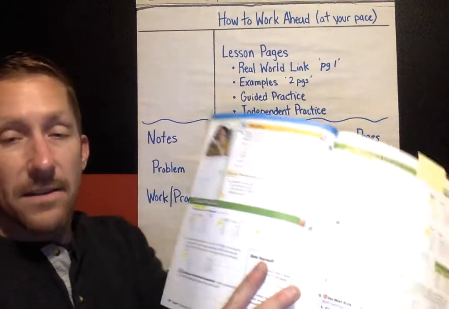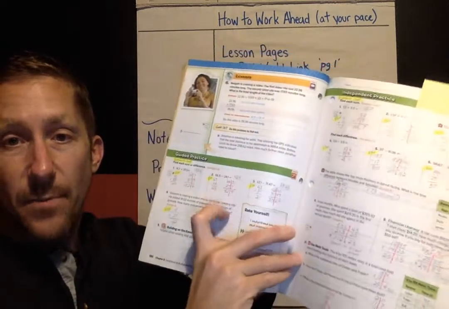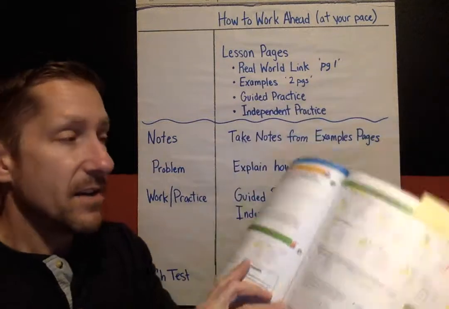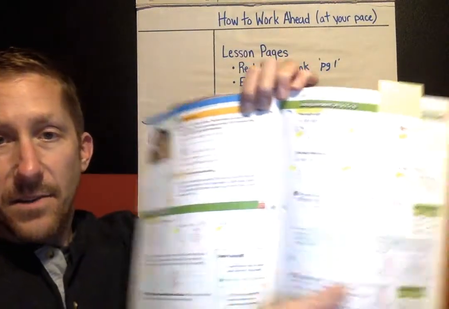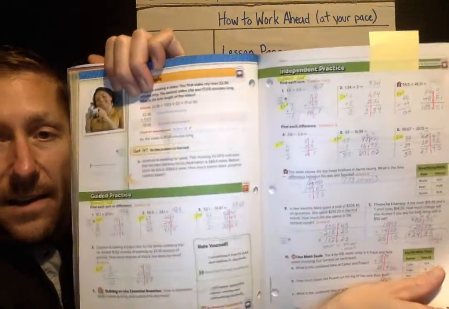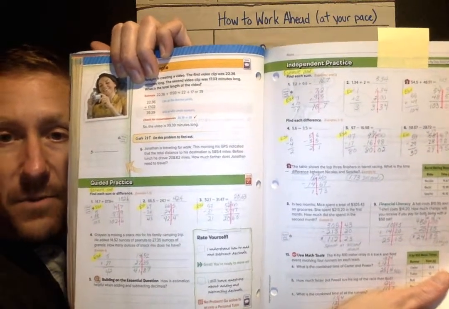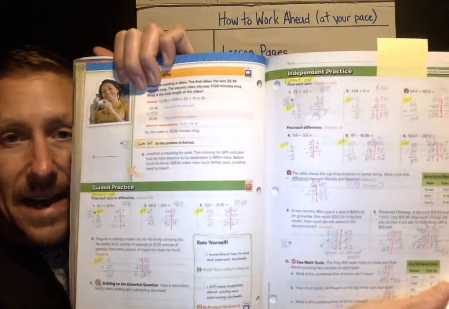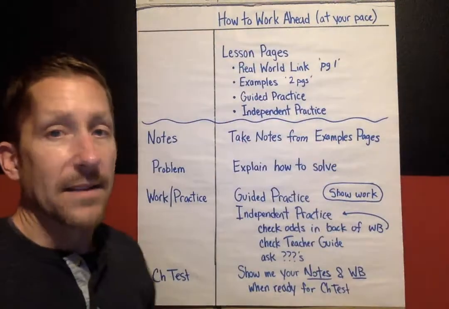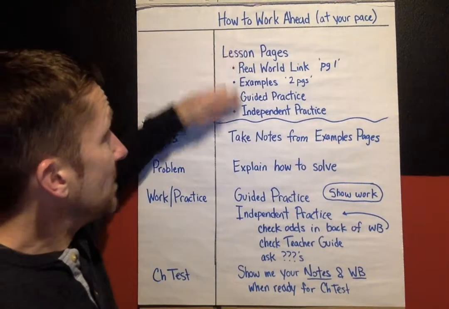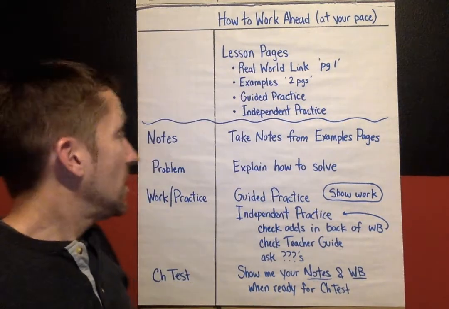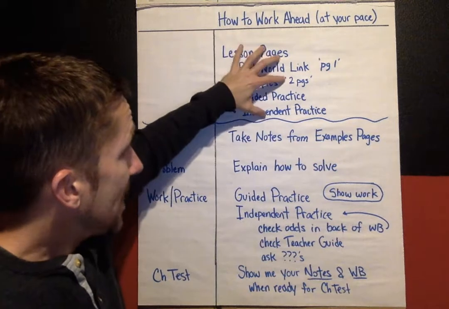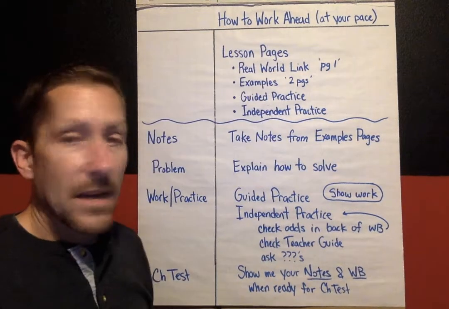If I look at Chapter 3, Lesson 1, guided practice, those problems start right here. And the next page is called the independent practice. Those pages you've seen from the very beginning. You are usually assigned the guided practice and the independent practice. So that is basically the structure of a lesson that we have used, and that's the background for what lessons look like.